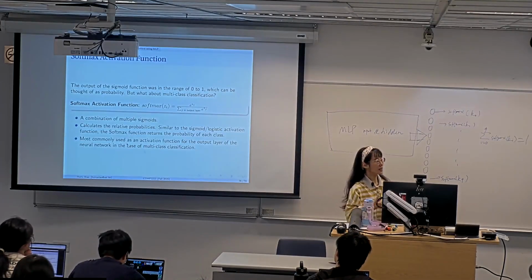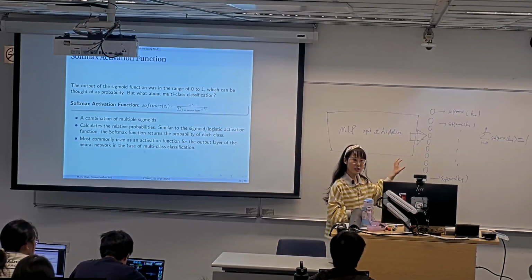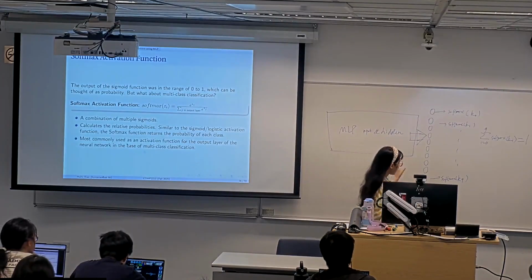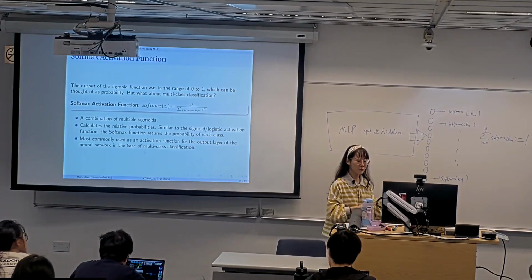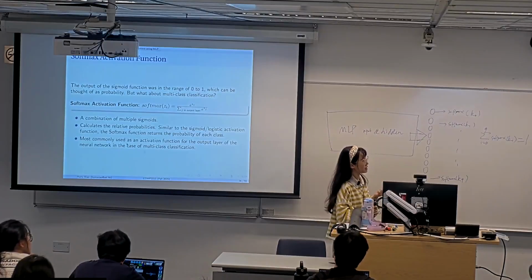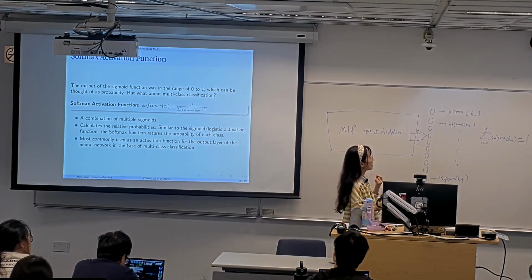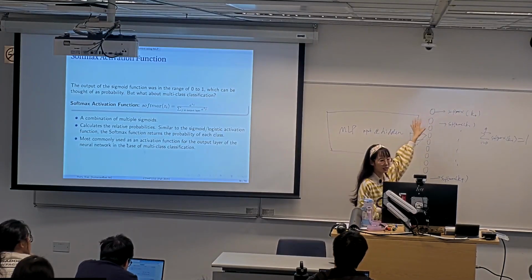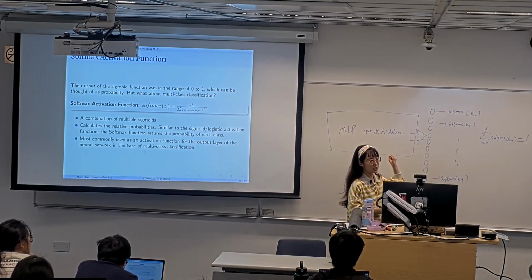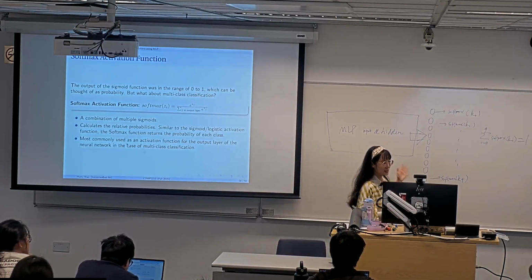Then some of you may ask, why not use sigmoid for each of the nodes? Like, if in the output layer we have 10 nodes and each of them uses sigmoid, is it okay? No, sigmoid can only output one probability, the probability for the first class. You only consider the first class. You didn't consider the relative probability of all the classes.